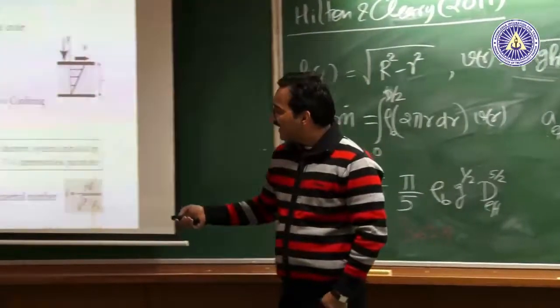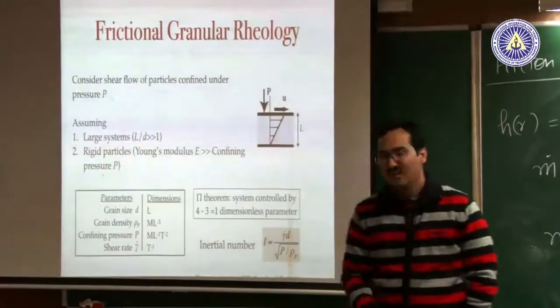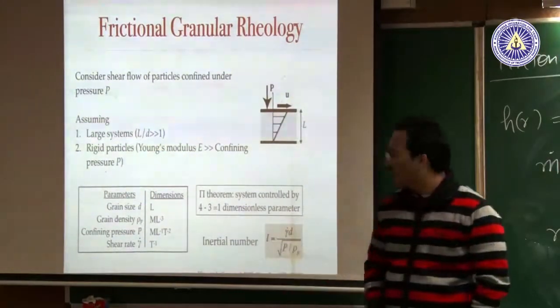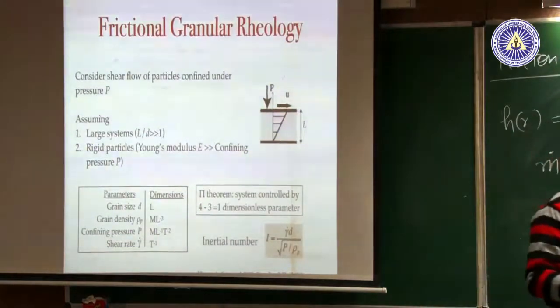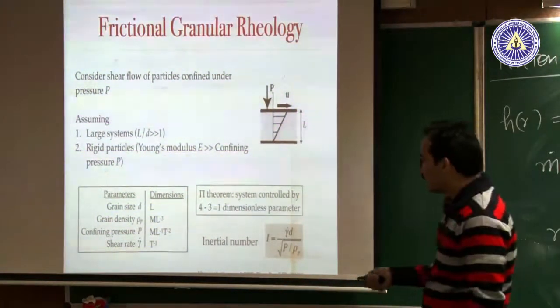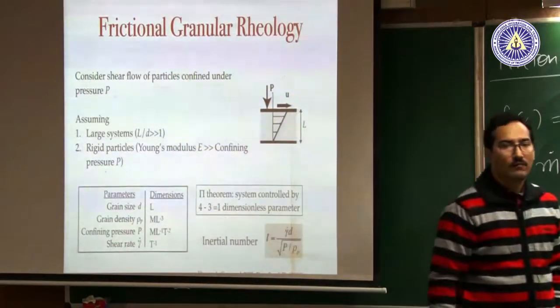So your system essentially has grain size, the mass of the grain, or rather the grain density playing a role. Your confining pressure is the only stress scale available to the system, because you have a rigid grain, so there is no other stress scale, and you have a shear rate, which is gamma dot.